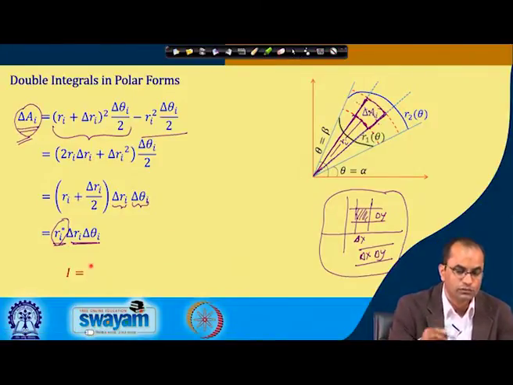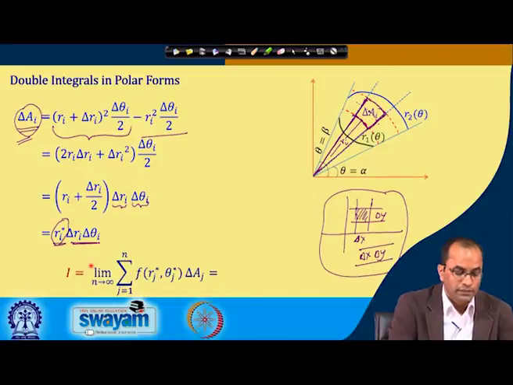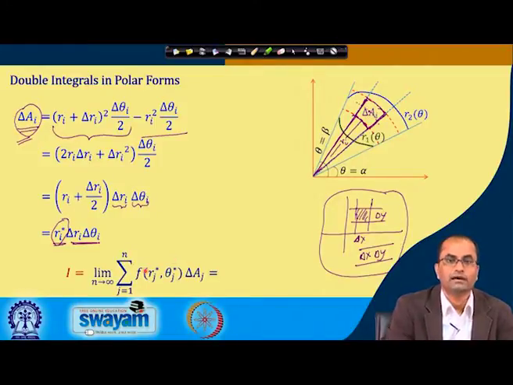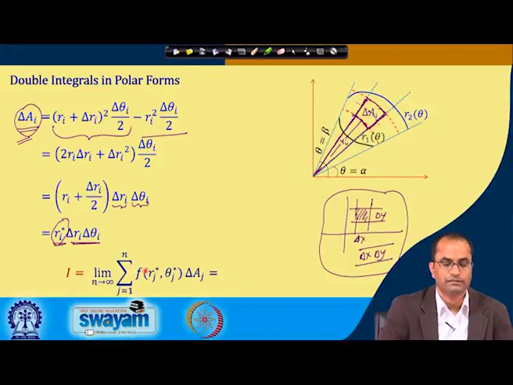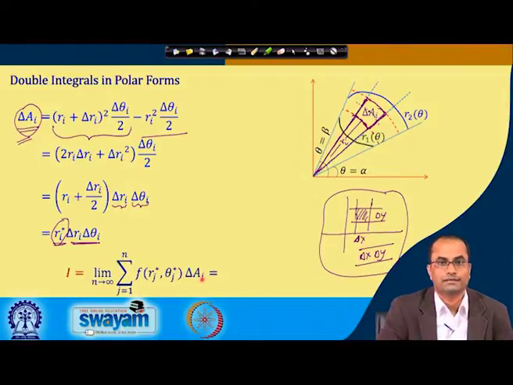And now because of this we will define the integral I over this domain here, which is described in the polar form by these limits. So, we will do the same. If a function is given, we will compute that function value at a point r I star, theta j star, somewhere in this region, multiplied by this delta A j, similar to the Cartesian one.